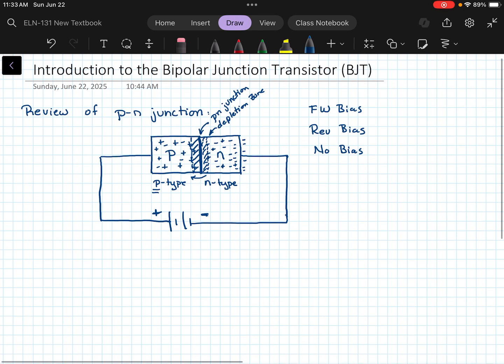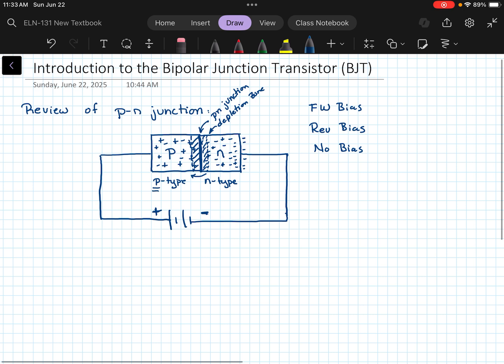So on the negative side, we're pushing those electrons through that depletion zone. On the positive side of the circuit, the more positive charges we have out here are seeking to pull those electrons this way as well, and that creates that electron flow.